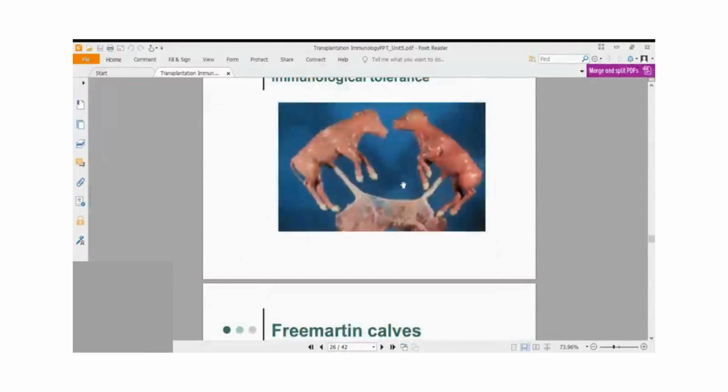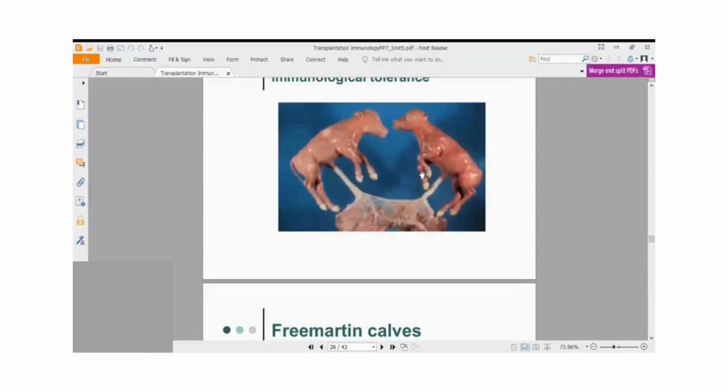So from this it is understood that in the early stage of development, if the fetus samples the antigens of the parents, and comes in contact with both the parents' antigens, the fetus will develop tolerance to both the parents' antigens and can accept the grafts from both the parents easily.